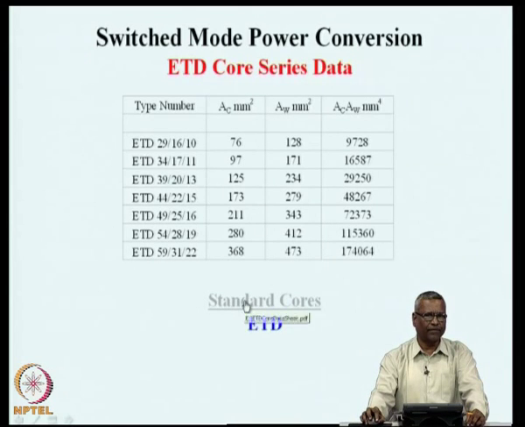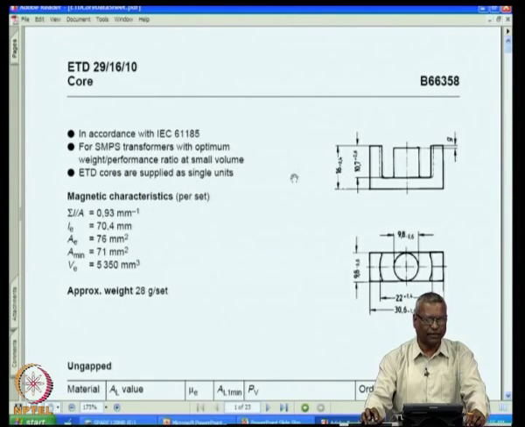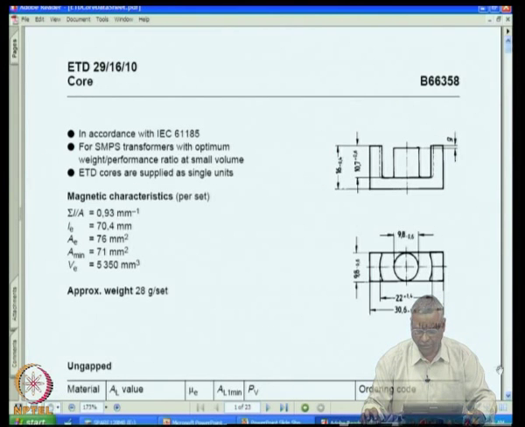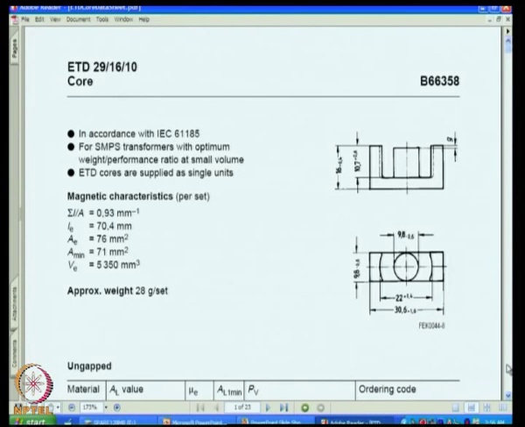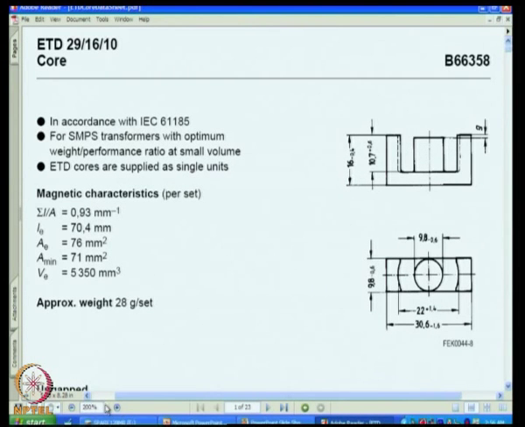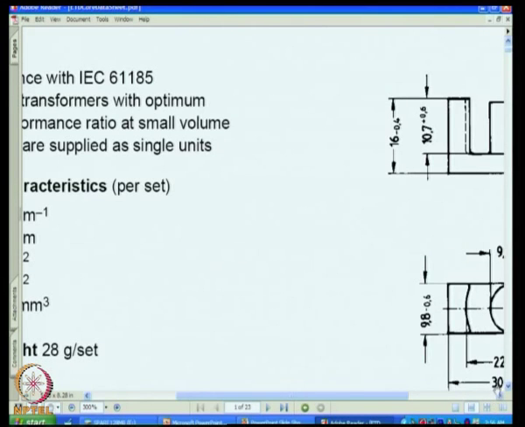For example, if we open the data sheet of this type of cores, this is ETD 29, 16, 10. Let me expand the size. Okay.